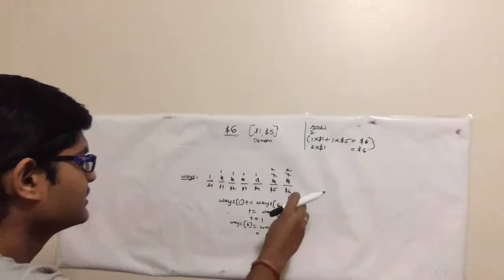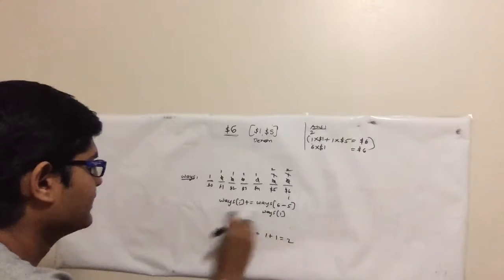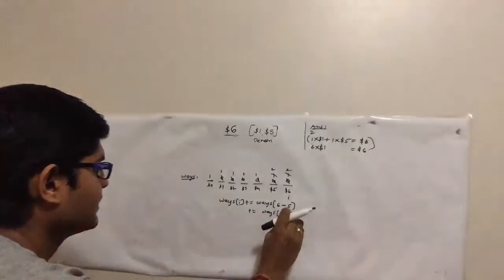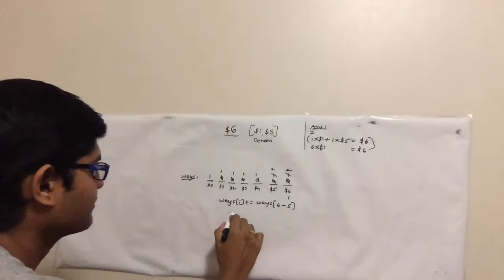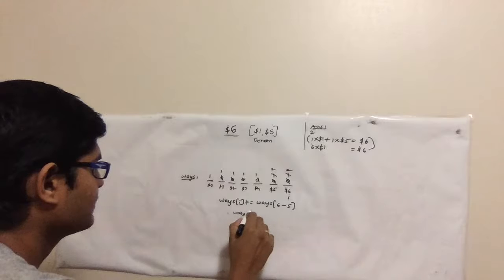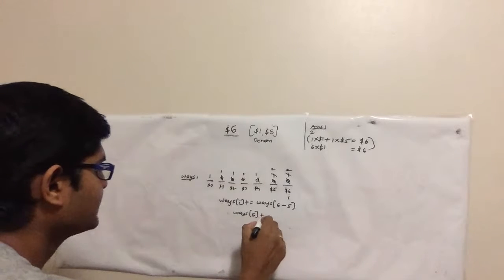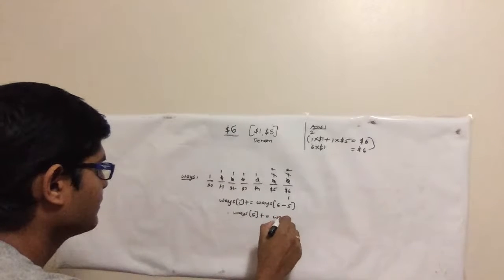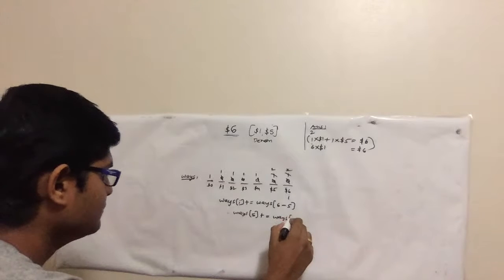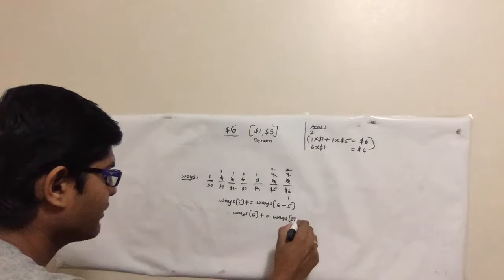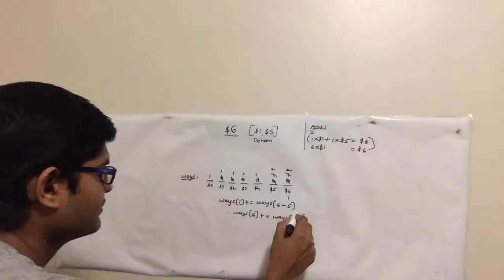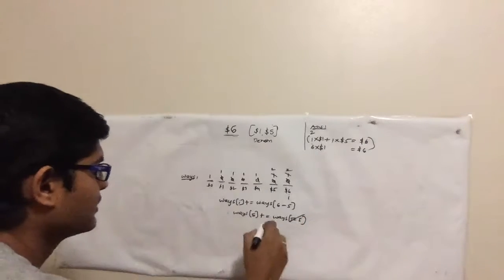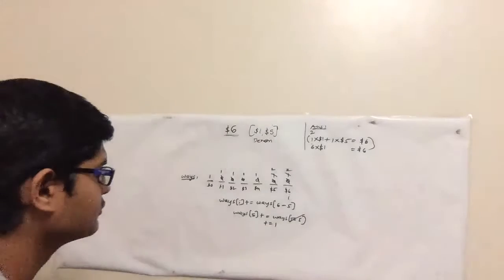So we can test this for other elements too. Say we want to get it for 5. Ways of 5 plus equals ways of 5 minus 5. 5 minus 5 is 0, and ways of 0 is 1, so this is equal to 2.